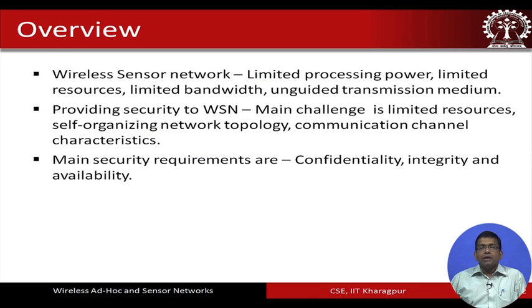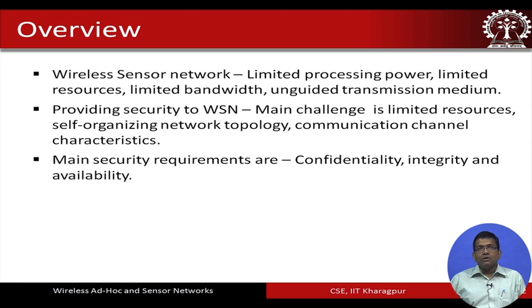So, we have to understand a couple of things. First of all, the important security requirements, such as confidentiality, integrity, and availability, which are paramount in any system, including wireless sensor networks.